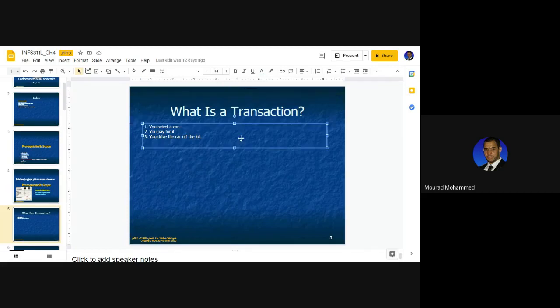So there has to be a car selection. There has to be confirmation and payment for the same selected car, and at the same time the system has to have a clue to indicate that the one who paid for the car has taken it and driven it out. All of those queries, or steps, are one unique transaction.